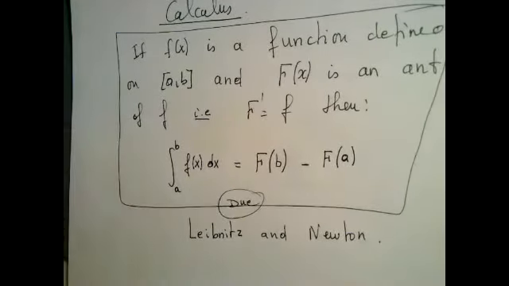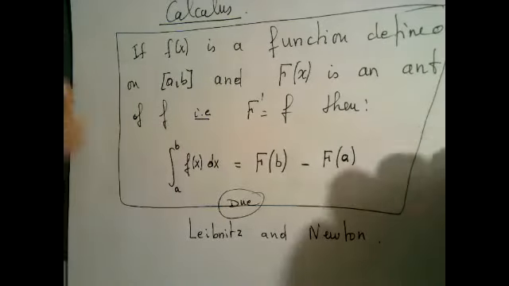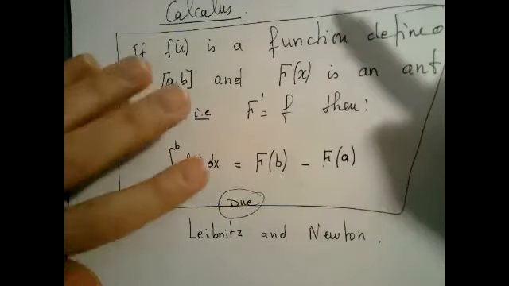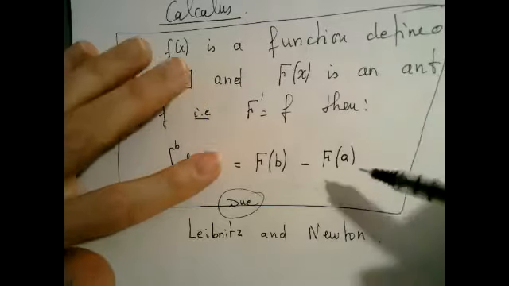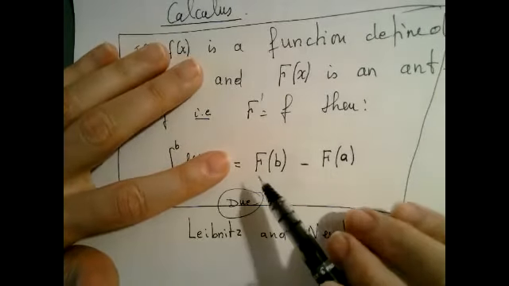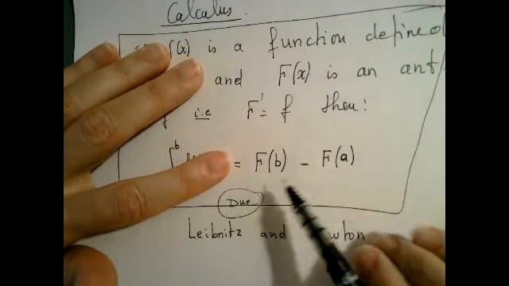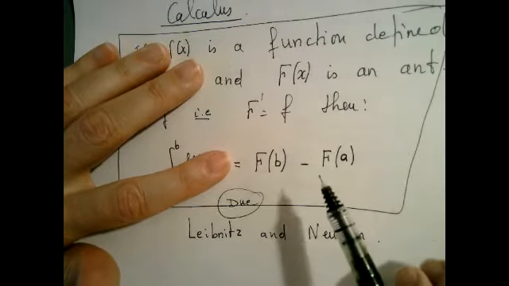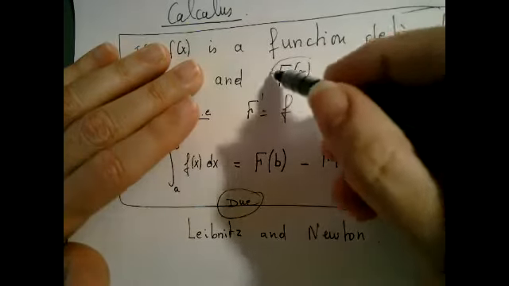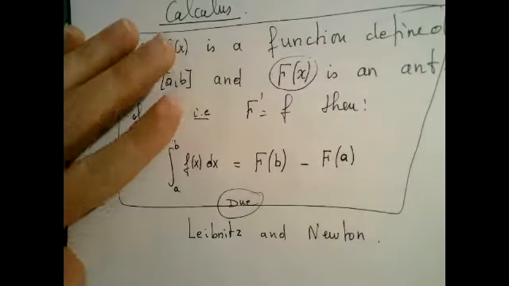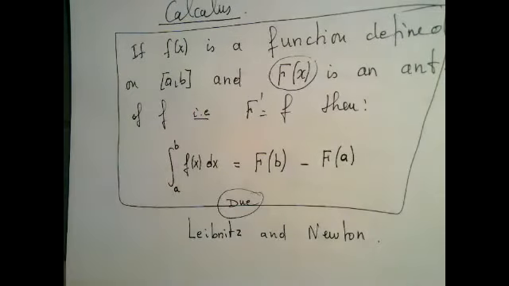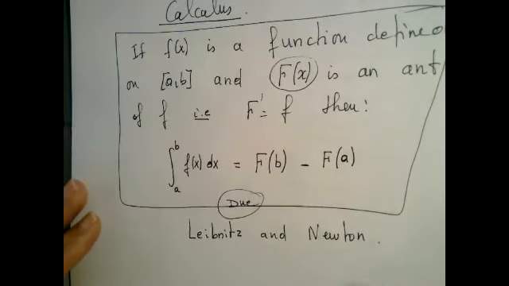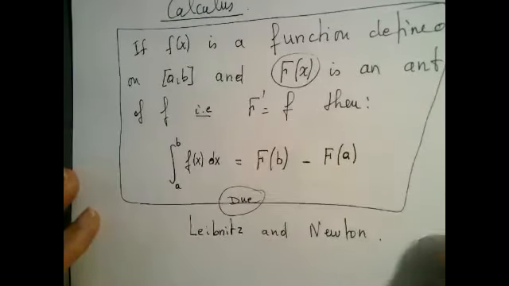Both of them, at the same time, were able to prove that this Riemann sum we're talking about could be obtained by this simple little theorem, by taking the antiderivative at the upper limit minus the antiderivative at the lower limit, as long as we are able to find the antiderivative. Because of that, there were a lot of mathematical advances, and as a result a lot of advances in physics, because people were able to use this tool to evaluate a lot of quantities.